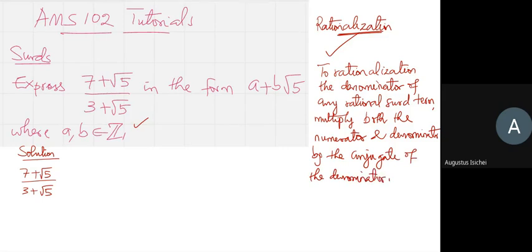Does that make sense? So this is the step I'm about to take. I want to multiply both the numerator and denominator of this fraction by the conjugate of the denominator.